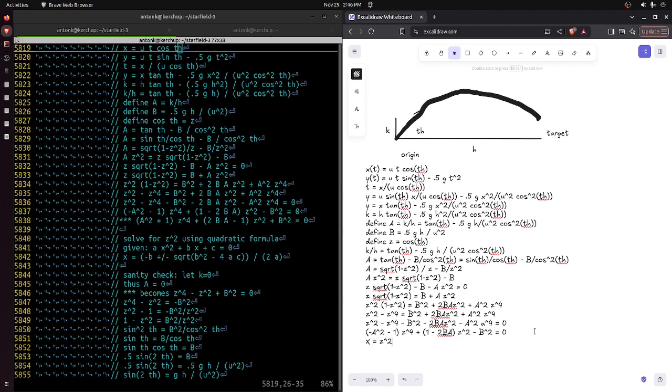So by the quadratic formula, we know that capital X is going to be minus b plus or minus the square root of b squared minus 4ac, all of that divided by 2a. And these small a, b, c are just these coefficients. So this guy, let me just draw that here.